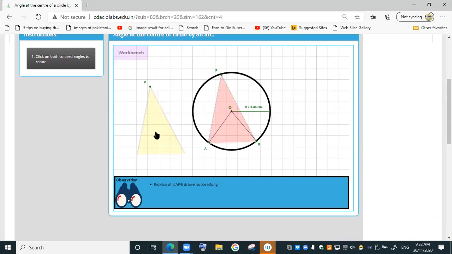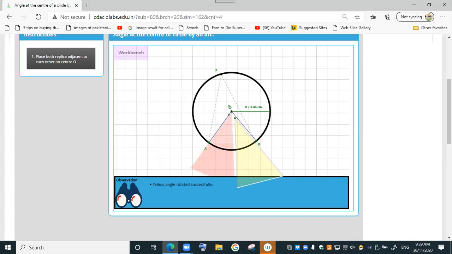Now rotate it and bring it here. It will, I think, automatically fit when you leave it, yes.